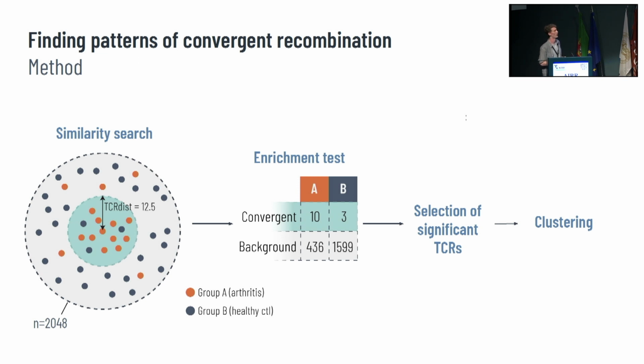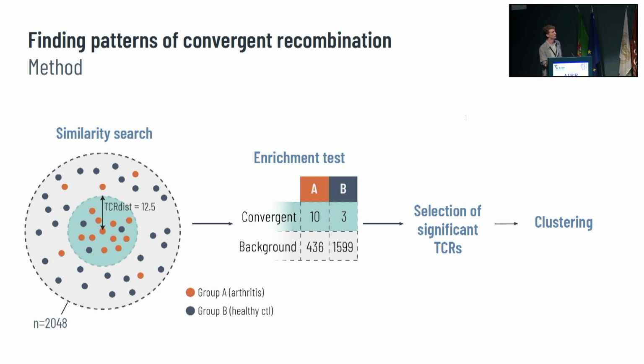So what we are exactly doing is we have a query TCR, and we are looking at all the very similar TCRs in TCR space. Within this group of TCRs, we look at how many of these are arthritis related and how many are from healthy control patients.